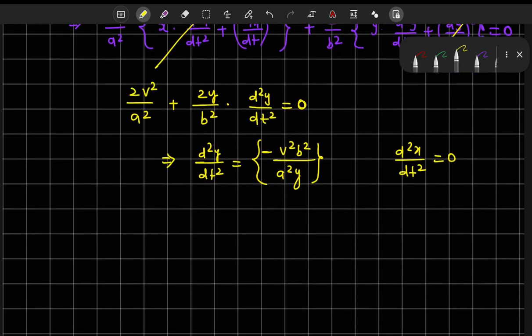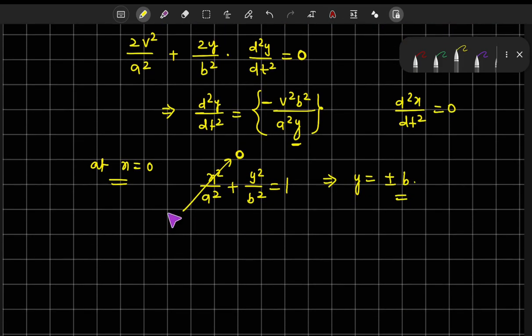Okay, so now here y is variable. So for that, at x is equal to 0, we can write x square by a square plus y square by b square is equal to 1. So at x is equal to 0, we can write y is equal to plus minus b.